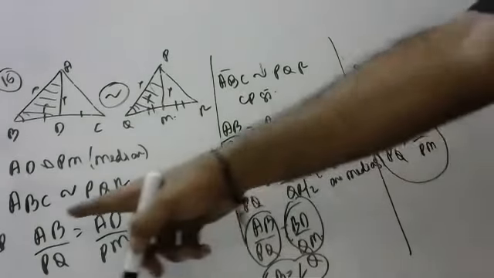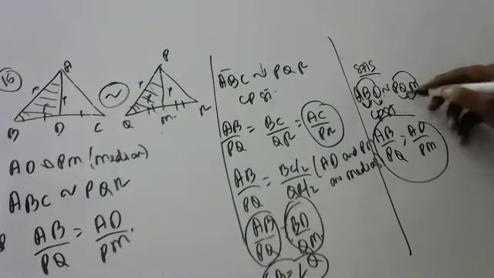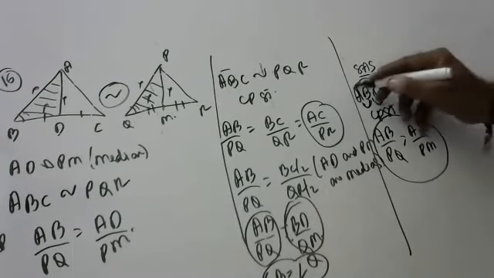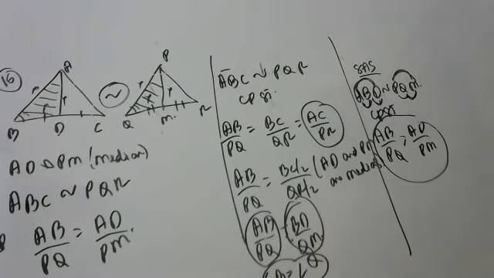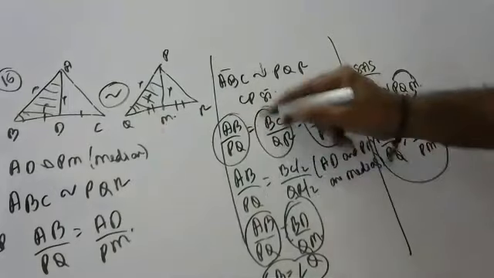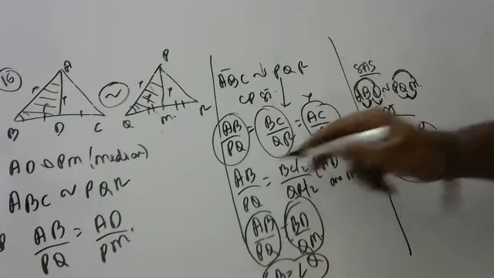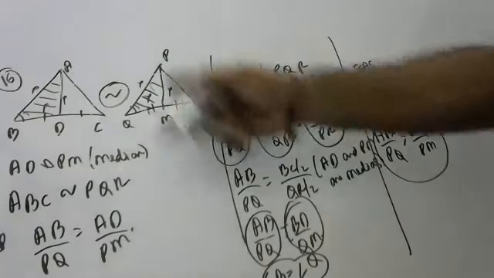He asked that AB by PQ is equal to AD by PM. AB by PQ is equal to BD by QM is equal to AD by PM. Okay, children? AB by PQ is equal to AC by PR because they both are similar. From this I need not take this. I took half because AD and PM are medians.